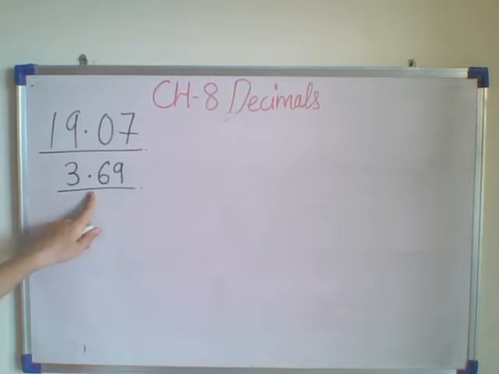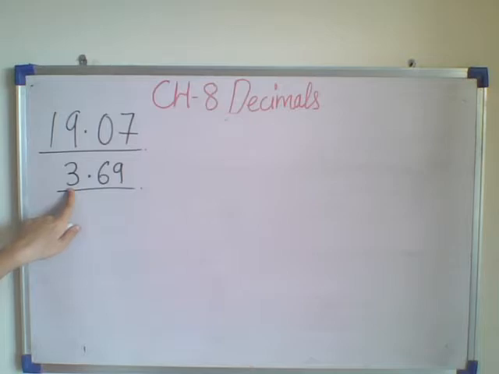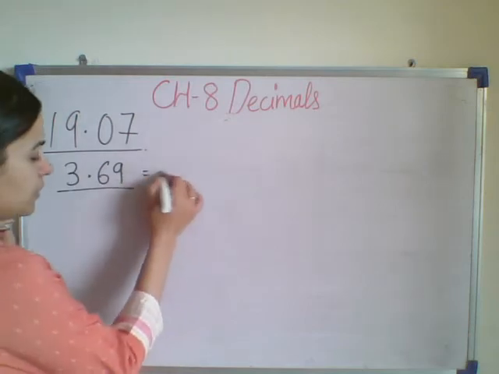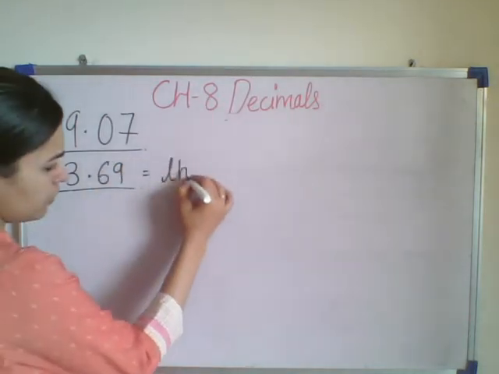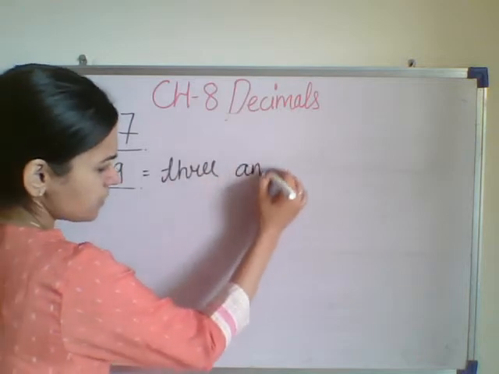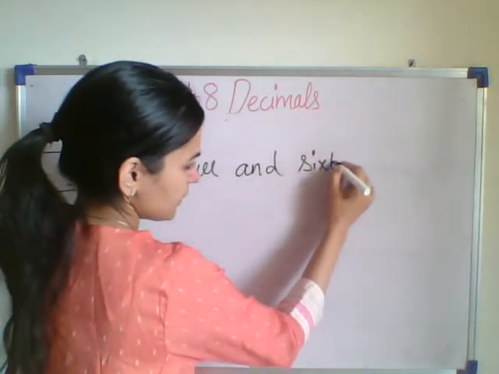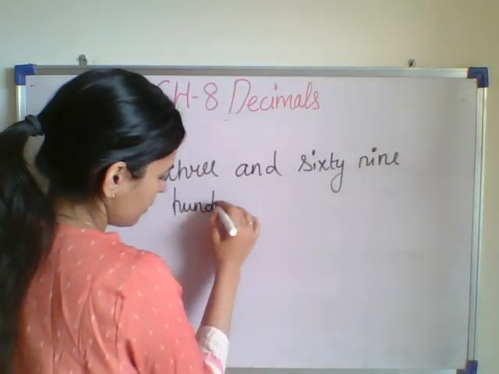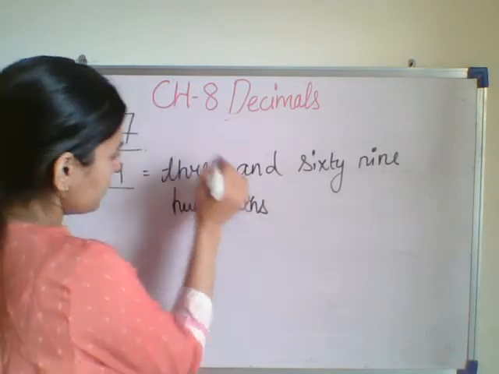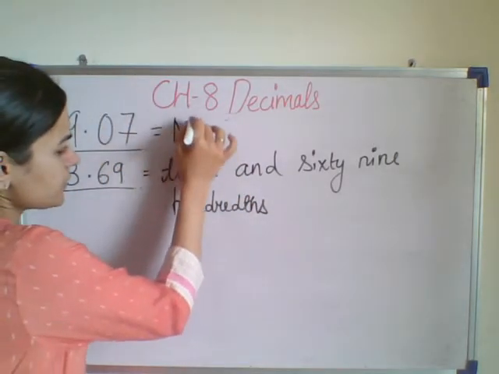I will be writing it as 3.69 or 3 and 69 hundredths. 3 and 69 hundredths.